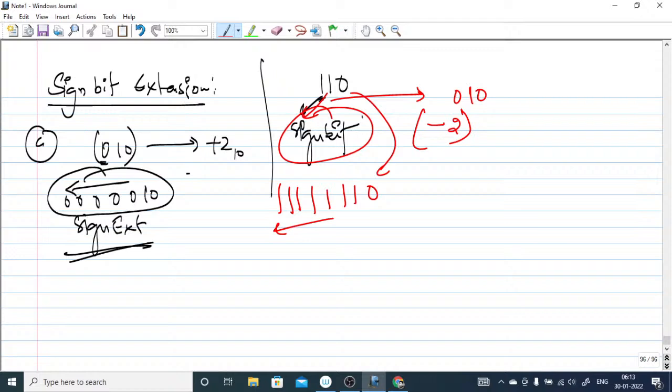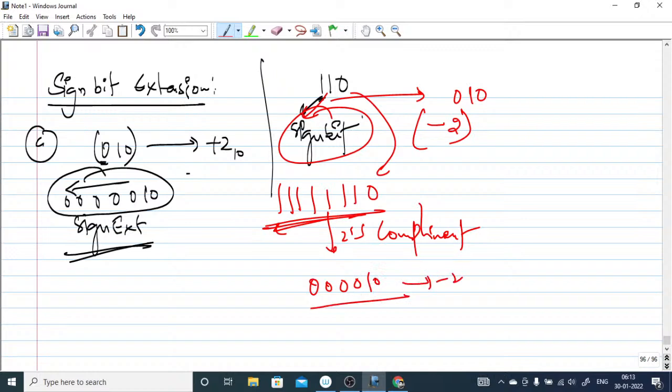Now you can take the 2's complement of this as well. The 2's complement of this will be 0 0 0 0, everything will be 0 here, and 1 0, so it will give you minus 2 only.